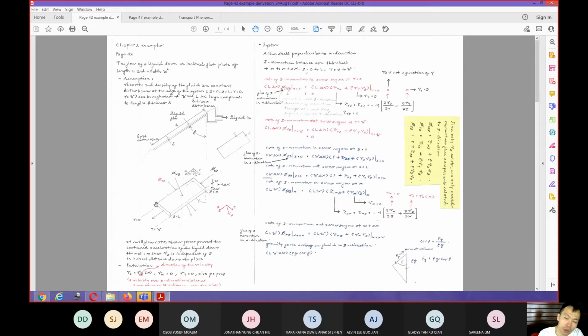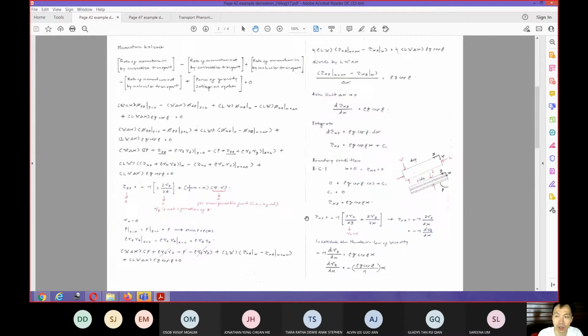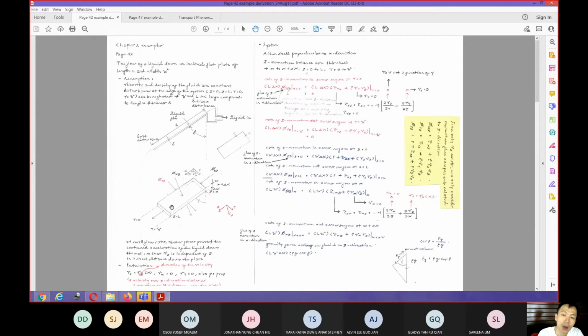So you are interested in averaging with respect to y, and also with respect to x. Okay, because the direction of the velocity is the z direction, so you are interested in averaging it over the area that is perpendicular to the flow direction.